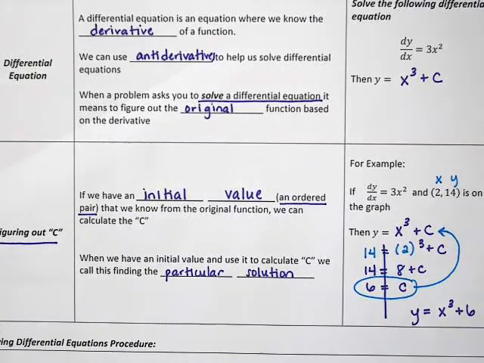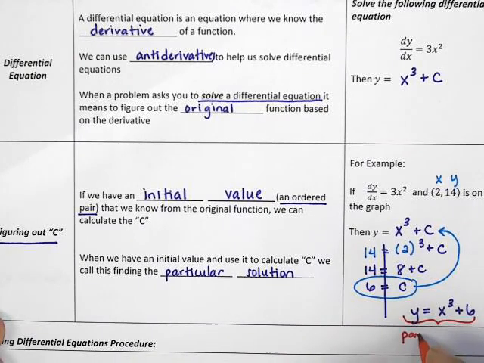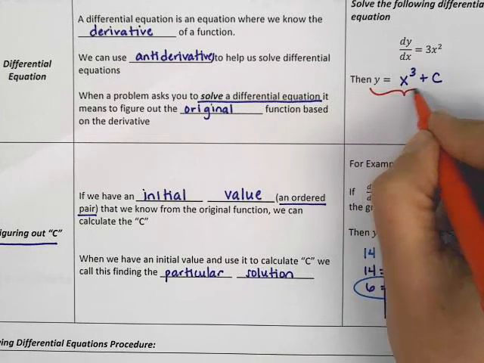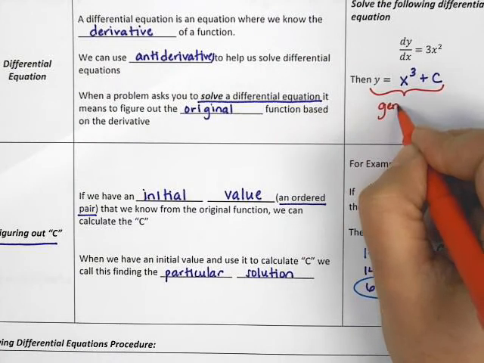Now this right here is called the particular solution. And the reason we call this the particular solution is because we solved this equation for a particular or specific value of c. We would call this the general solution.